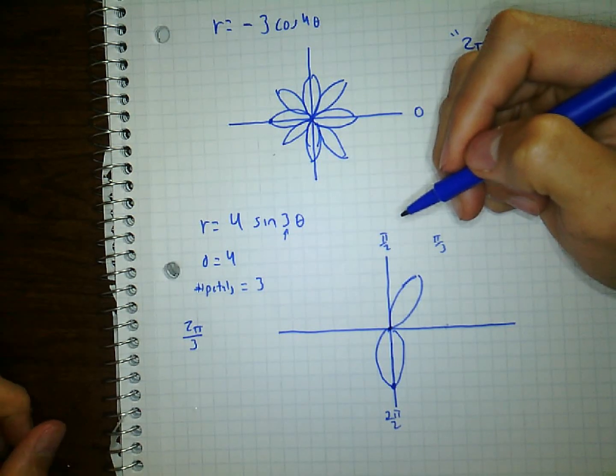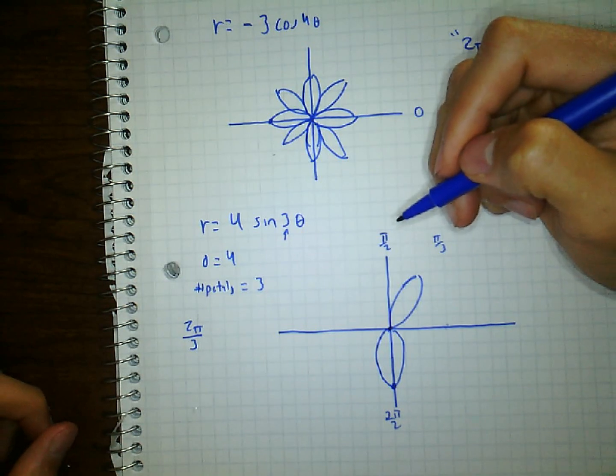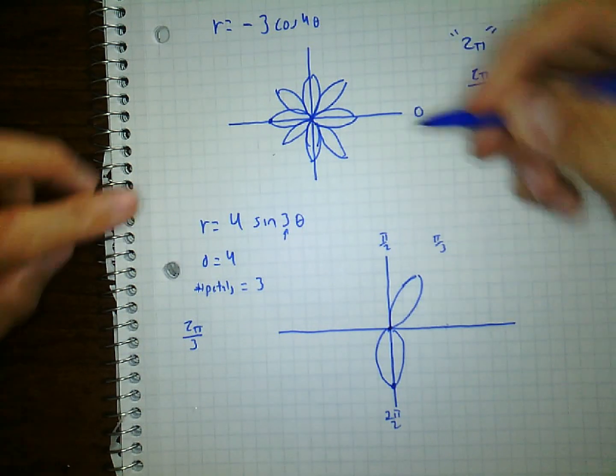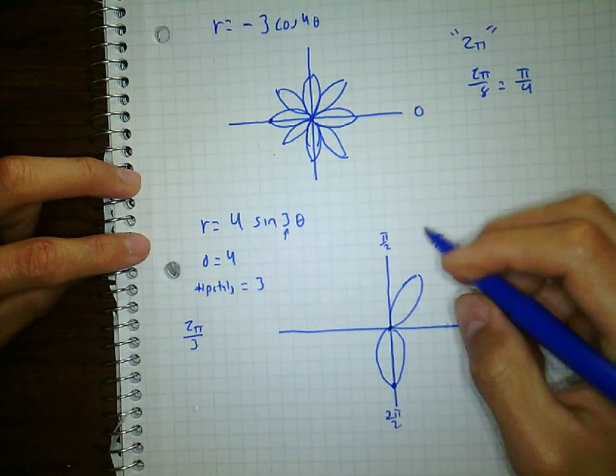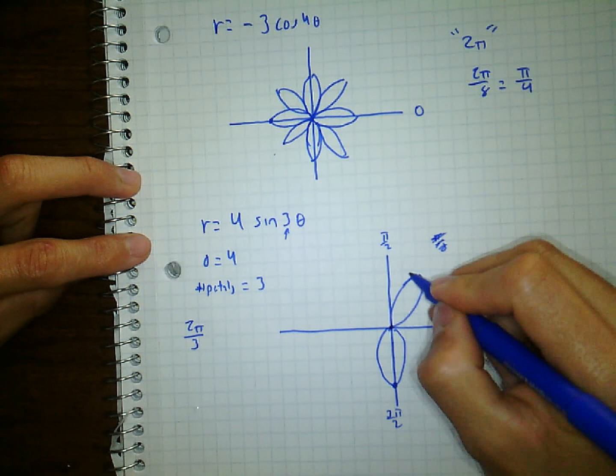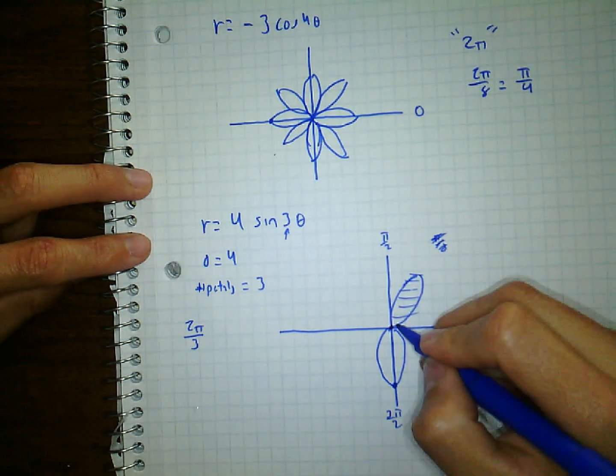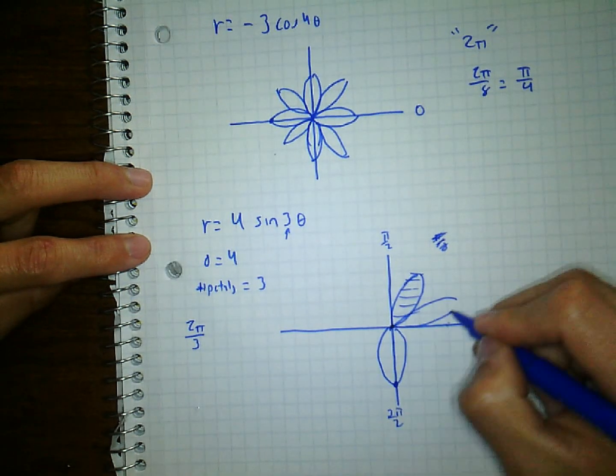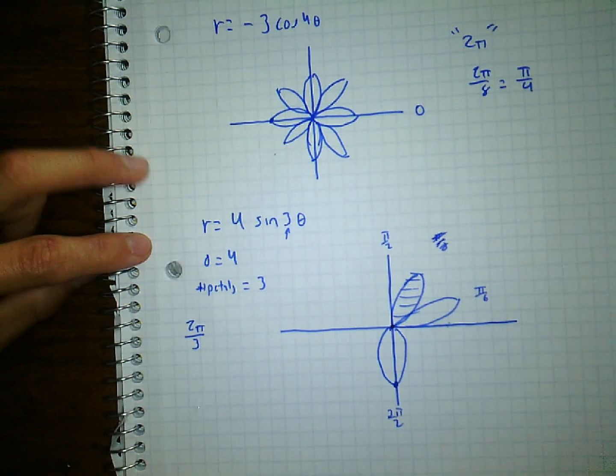Nope, hold on. Let's see. My apologies, not at pi over 3. That didn't make sense. It should be pi over 6. Sorry, let's make sure we talk about why it's pi over 6. That's what I get for rushing.